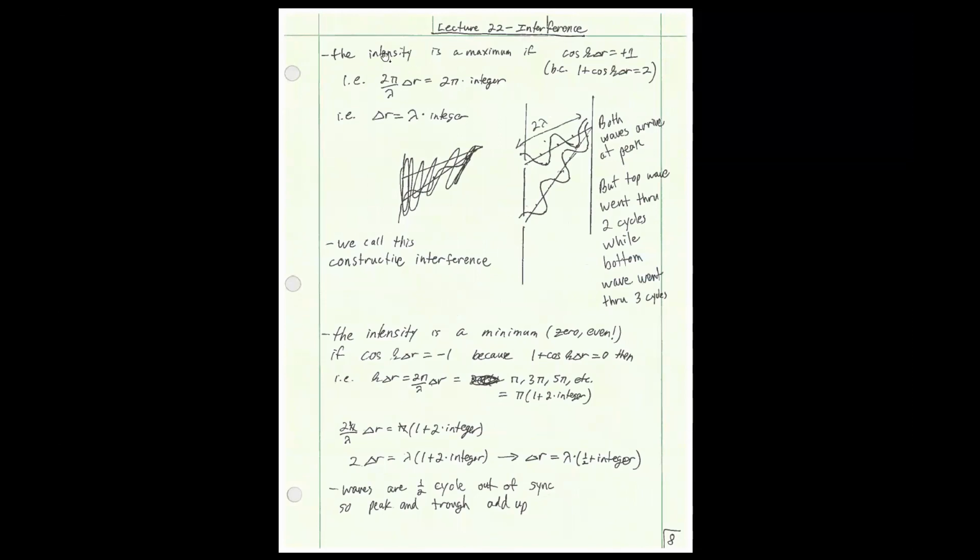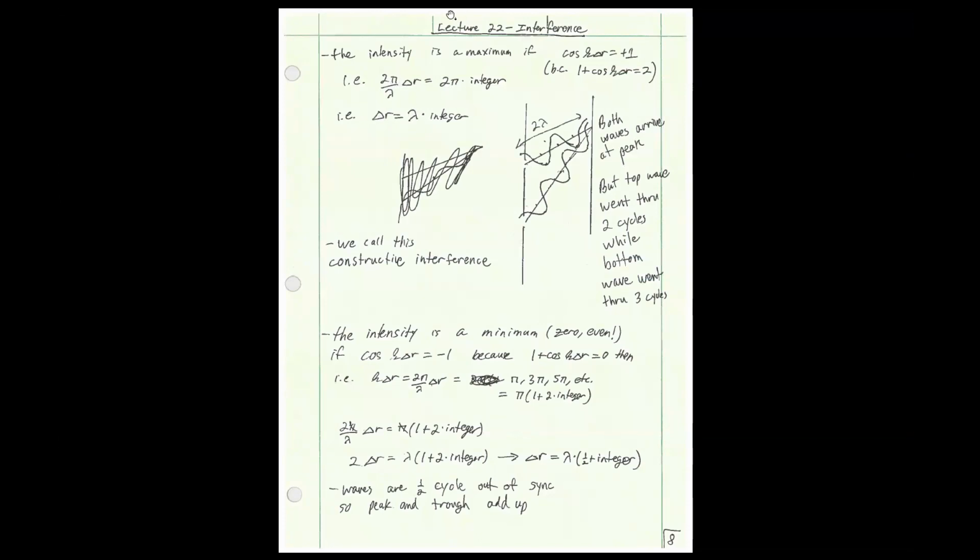So let's figure out where the intensity is a maximum. Well, we got 1 plus cosine k delta R. If that cosine is 1, then we're writing 1 plus 1, that's 2. That's going to be true when k delta R is 2 pi times an integer, or 2 pi over lambda times delta R is 2 pi times an integer, or delta R is lambda times an integer.